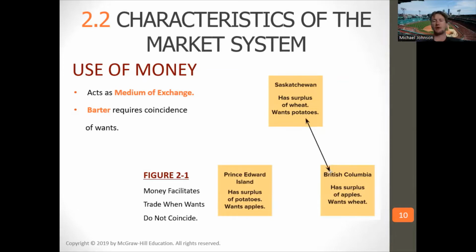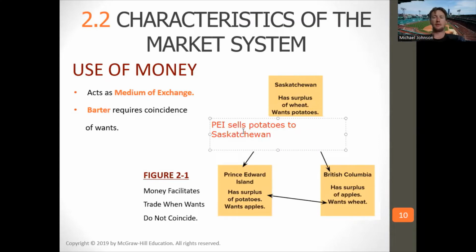Regions can trade with each other. In this case, PEI sells potatoes to Saskatchewan, BC sells apples to PEI, and Saskatchewan sells wheat to BC.